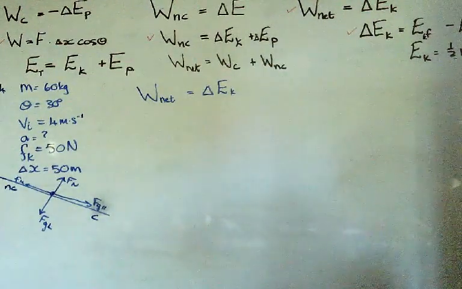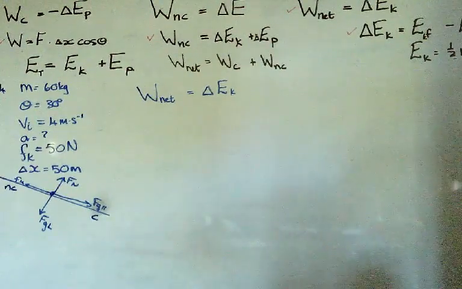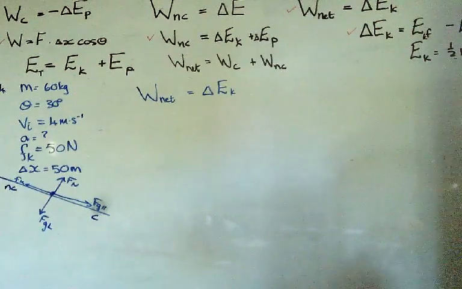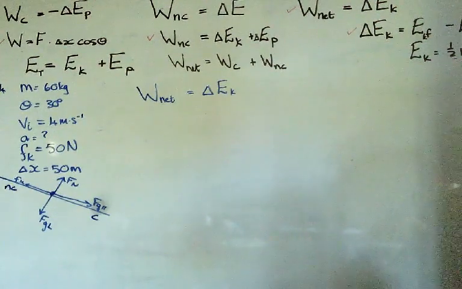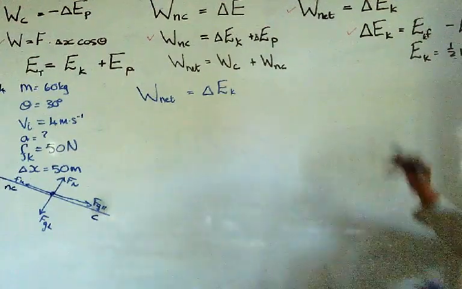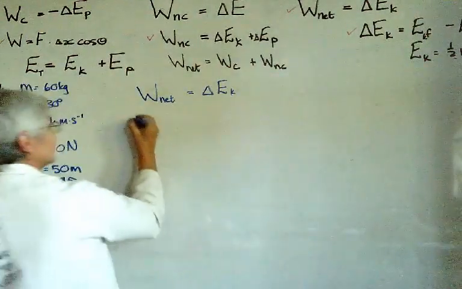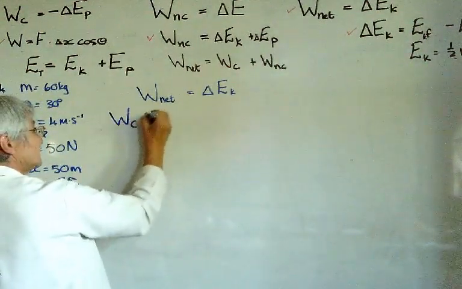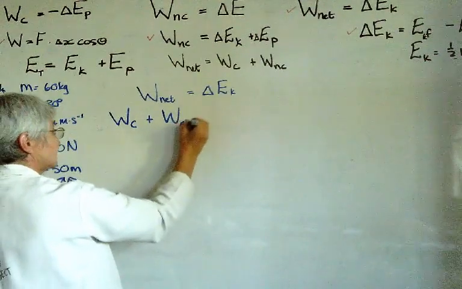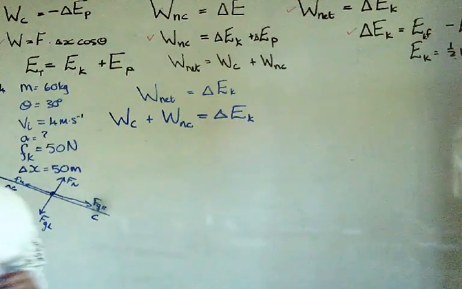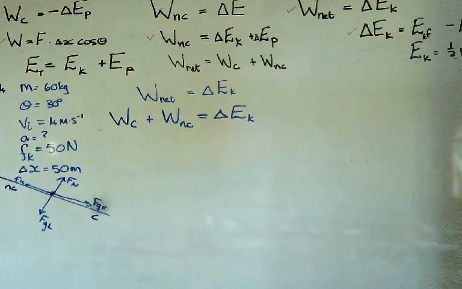Why can't you use W net equals WC plus WNC? You're going to have to use that as well. It's included, because WC plus WNC equals the delta EK. You have to combine the two. Unless you want to determine the net force, you can do it that way as well.